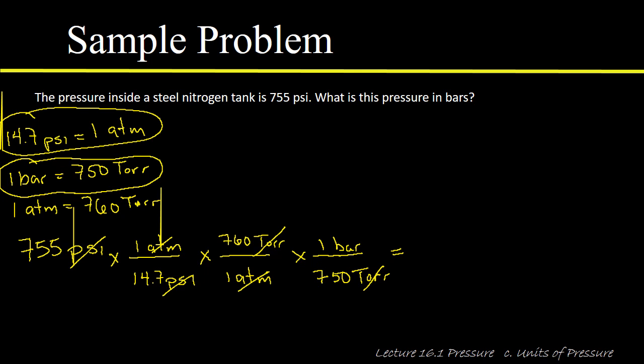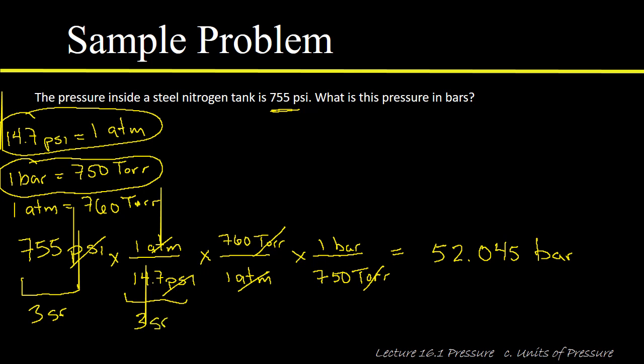If we run through the calculation, put those numbers in our calculator, we end up with 52.045 bars. And then if we look at our significant figures, the information given to us here had 3 significant figures. This is an approximate relationship, which is correct to 3 significant figures.